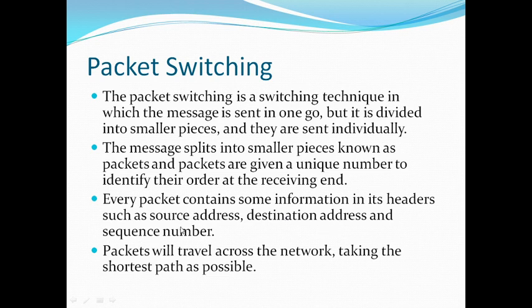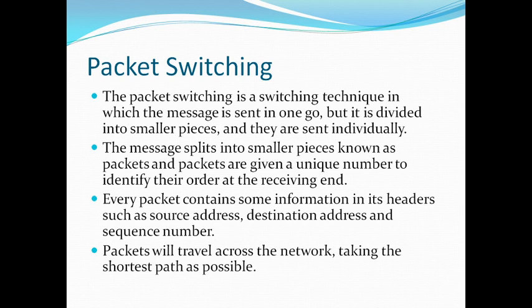It means if we have 10 packets, then during transmission, the first packet may reach after the third packet. So at the receiving end, each packet is sequenced according to the sequence number given in the packet header.